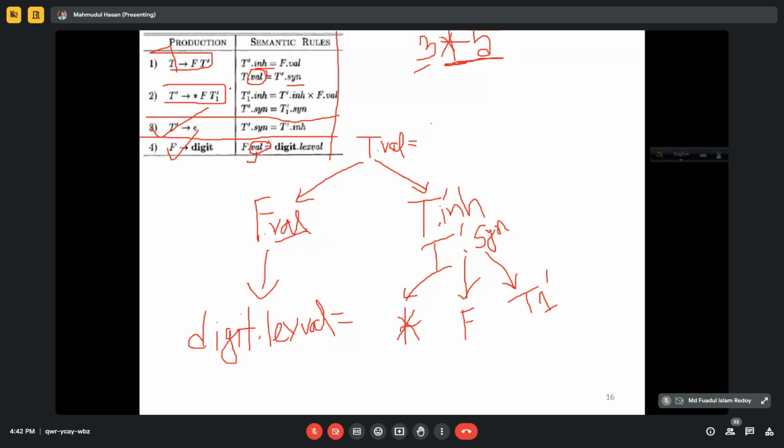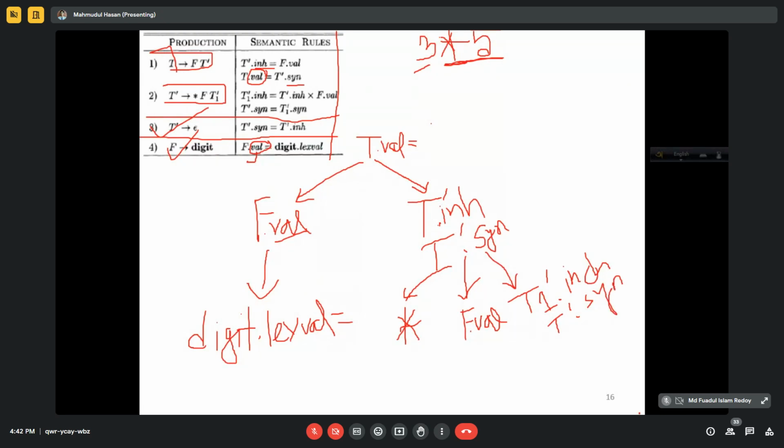For star there is no attribute. For F there is the attribute VAL. And for T dash again we have two attributes, INH and synthesized.